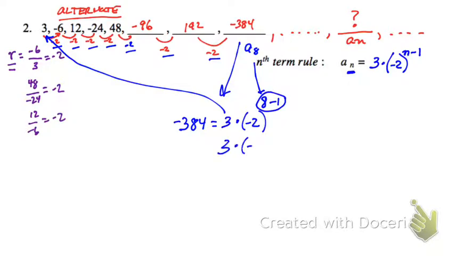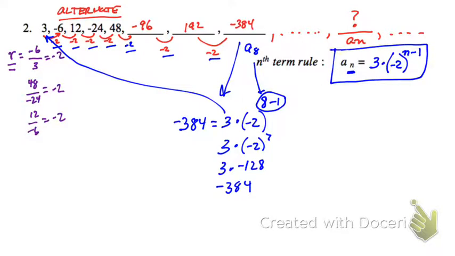And if we do 3 times -2 to the 7th power, what is 2 to the 7th power? 128. So it's 3 times -128, because it'd be an odd number of negatives. You get -384. So the rule for this sequence is 3 times -2 to the n minus 1 power.